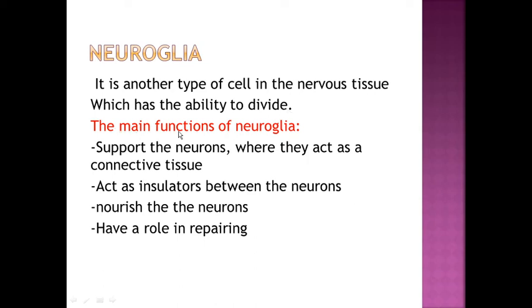The main function of neuroglia is to support the neurons, where they act as a connective tissue, act as an insulator between the neurons, nourish the neurons, meaning supply them with nutrients, and have a role in repairing.